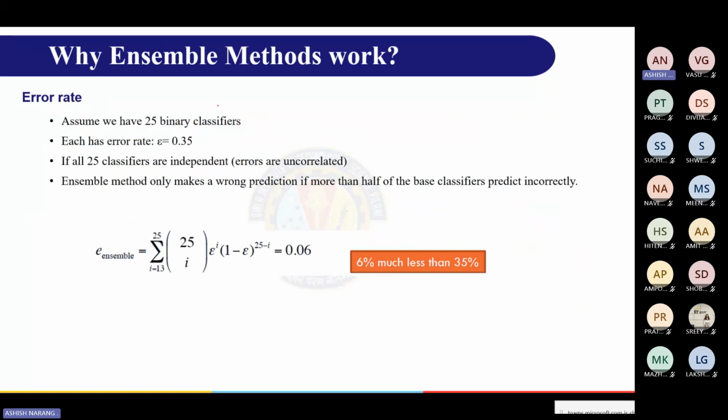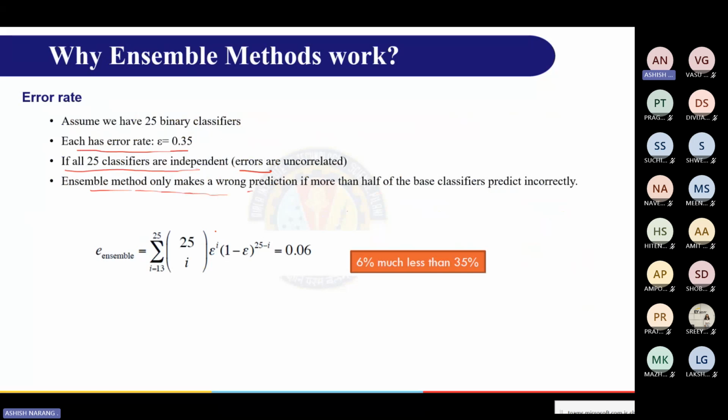Assume we have 25 binary classifiers, each with this error rate. If all 25 classifiers are independent and errors are uncorrelated, the ensemble method may only make a wrong prediction if more than half of the base classifiers predict incorrectly. More than half. Look at this.